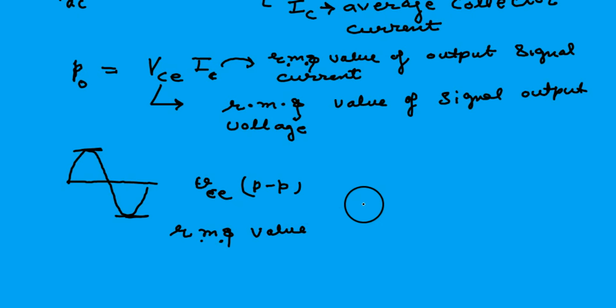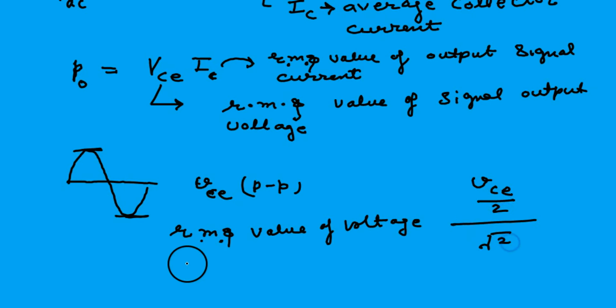Half divided by root 2 becomes RMS. So half of this divided by root 2 becomes the RMS value of the voltage. That becomes VCE upon 2 root 2.